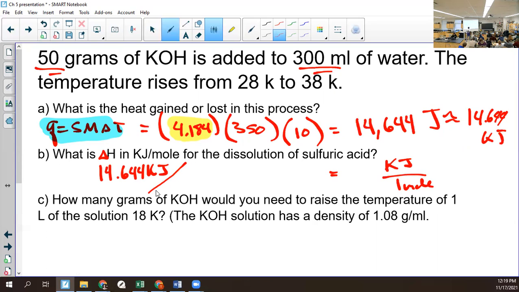I don't have moles. It gave me grams. So I'm going to take my given grams, which was 50 grams of KOH, and divide that by the molar mass of KOH.